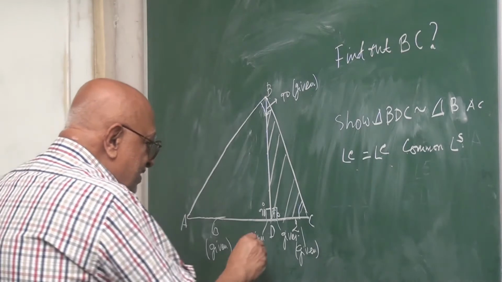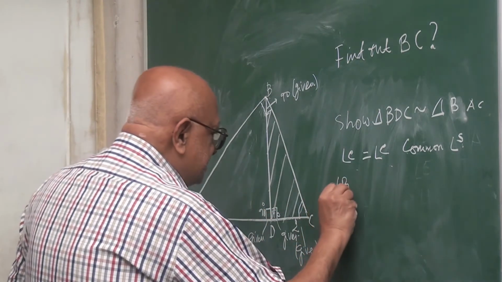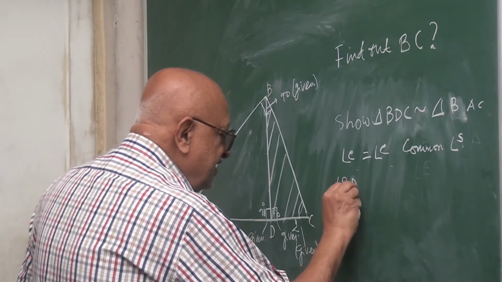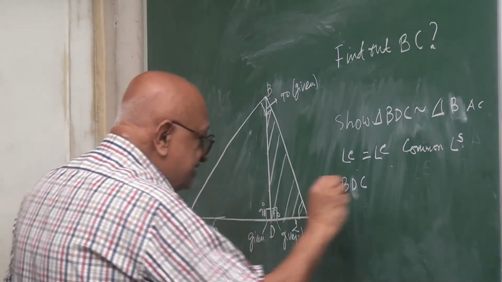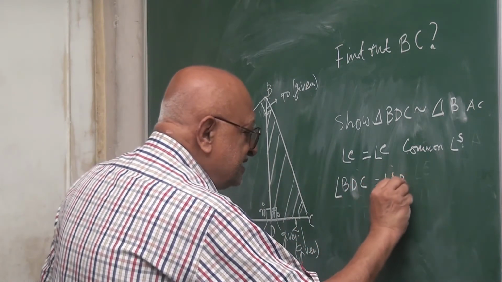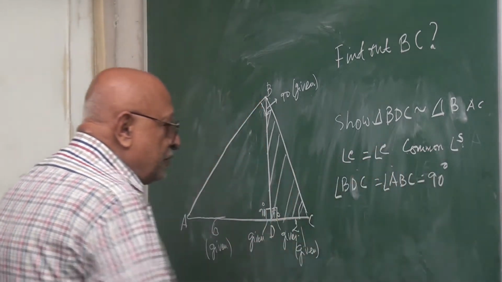Now, angle BDC is equal to angle ABC. Both are 90 degrees. So two angles I have shown.